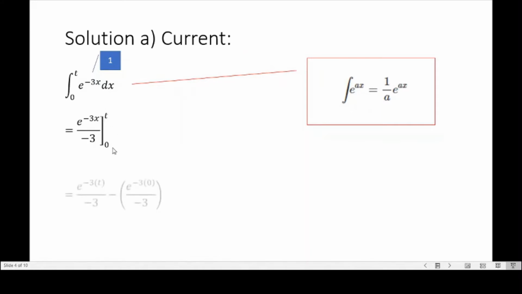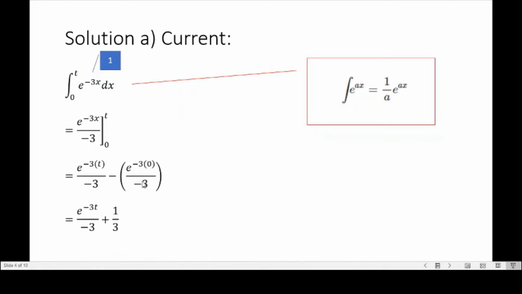So we put in the upper bound, and then we subtract the lower bound. So we have e to the negative 3t divided by negative 3 minus e to the negative 3 times 0 divided by negative 3. E to the negative 3 times 0 is just equal to 1. So this becomes 1 over negative 3. Since there's a negative sign over here, it becomes positive 1 over 3. Okay, so we solved for the first integral.